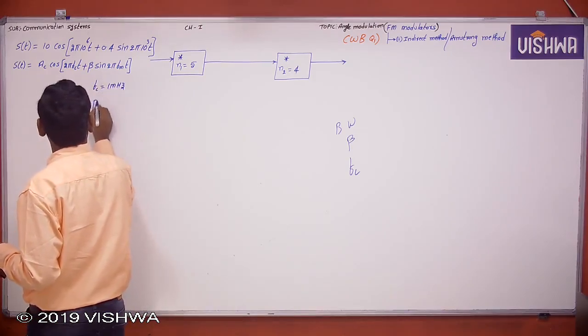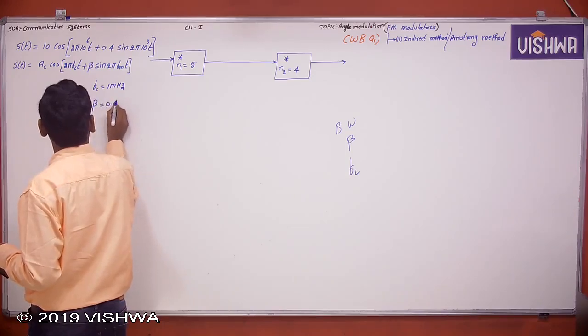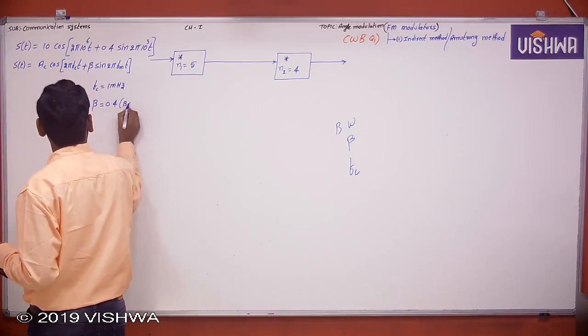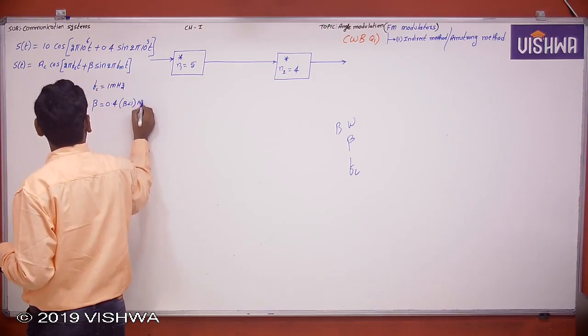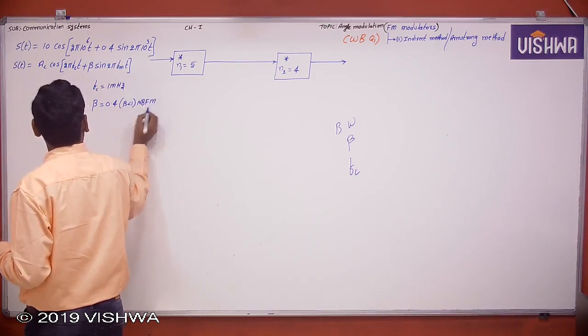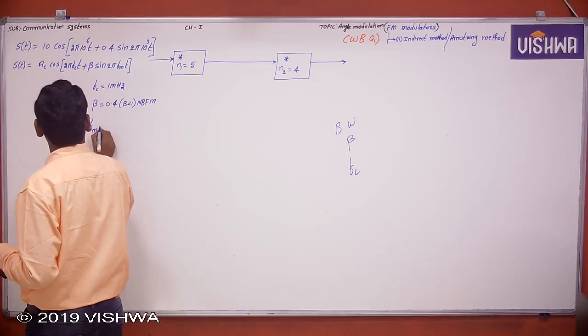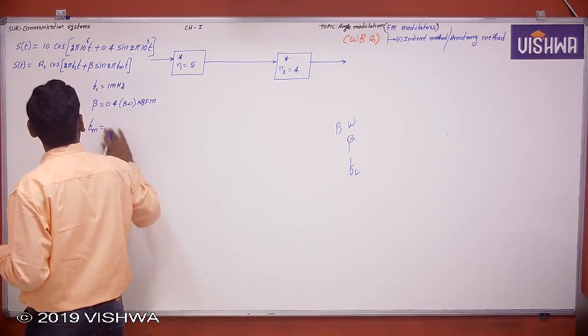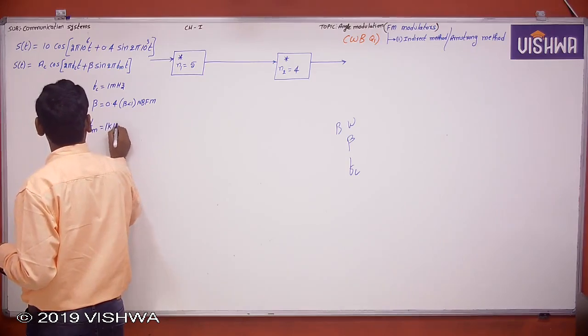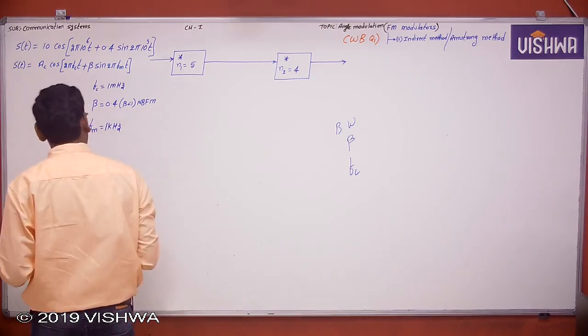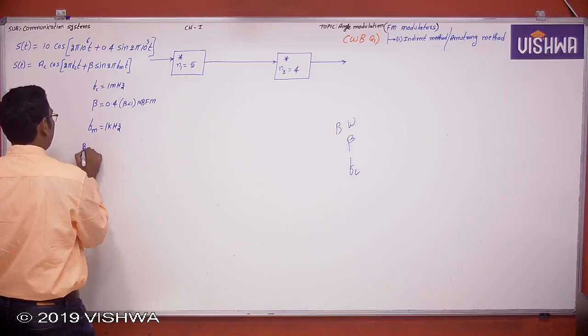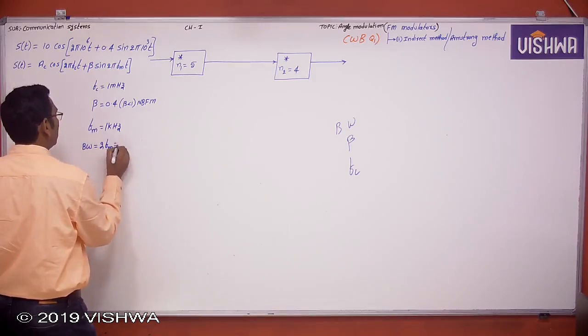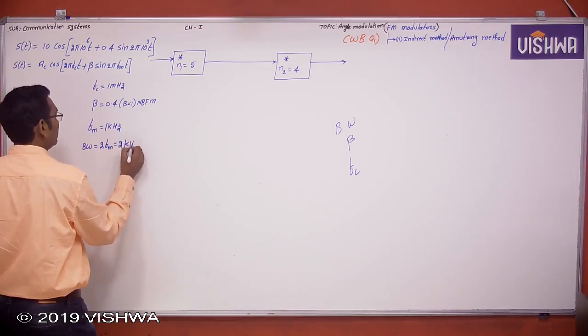What is modulation index beta? Modulation index beta is 0.4, which is less than 1, so it is narrowband FM, and the frequency of the message signal is 1 kilohertz. Now what is the bandwidth here? The bandwidth is equal to 2 FM, which is 2 kilohertz.